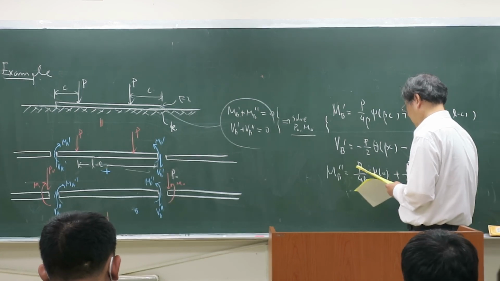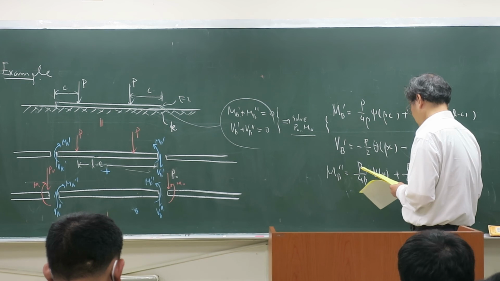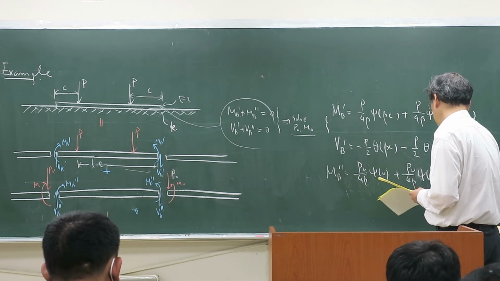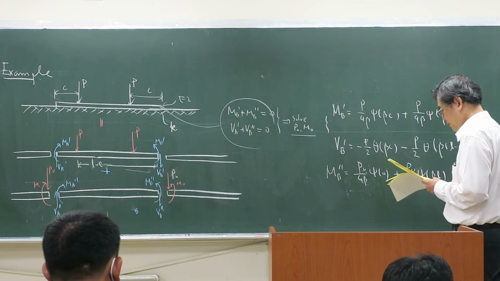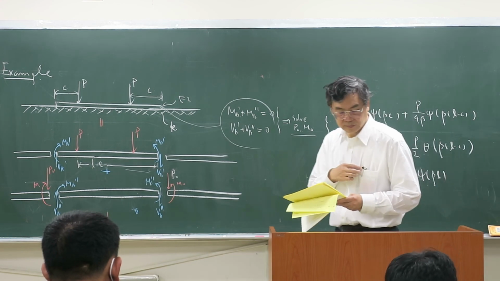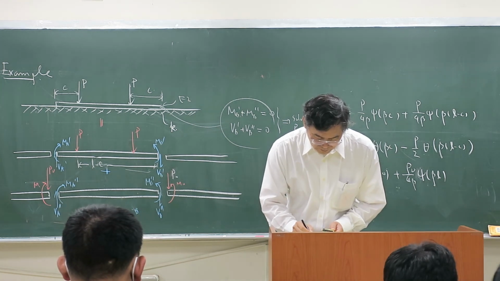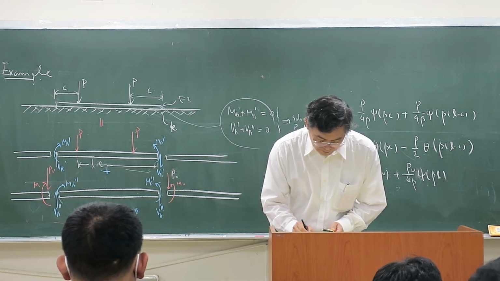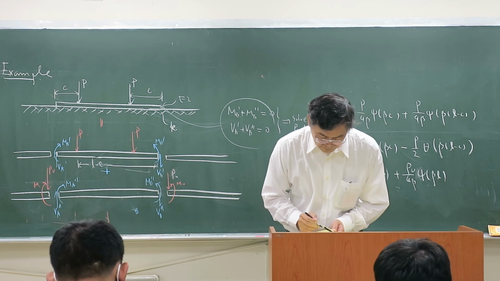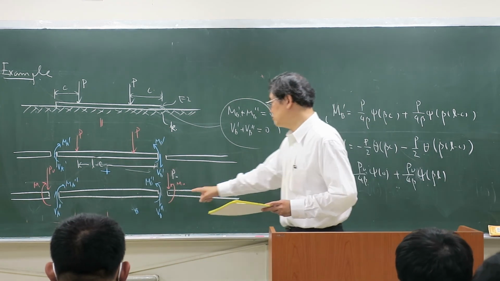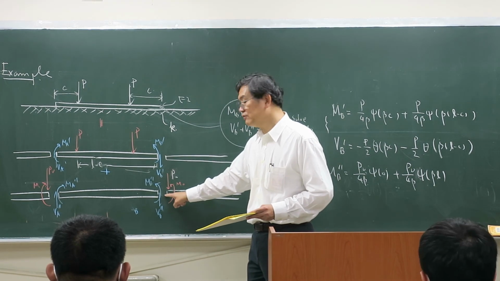P0 over 4 beta phi beta L. Then, from the moment of this one, I'm on the left side.